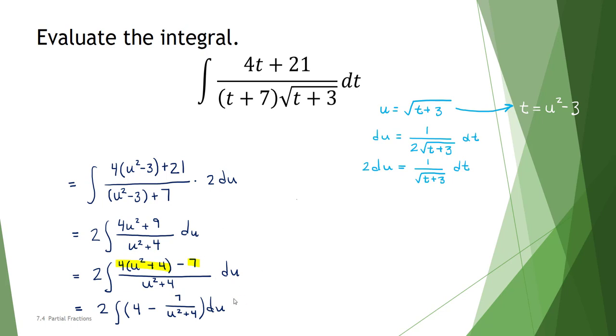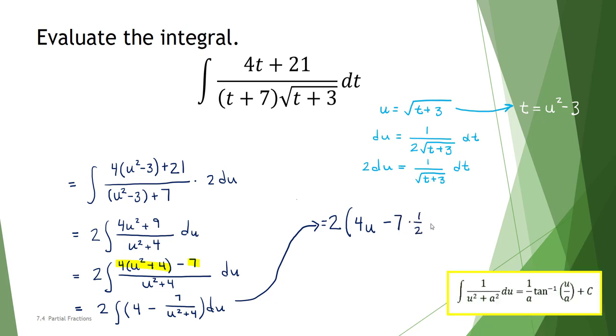At this point, we can just integrate each term. We have a 2 out front. The antiderivative of 4 is 4u. Then we have minus 7 times 1/2 times tangent inverse of u divided by 2.